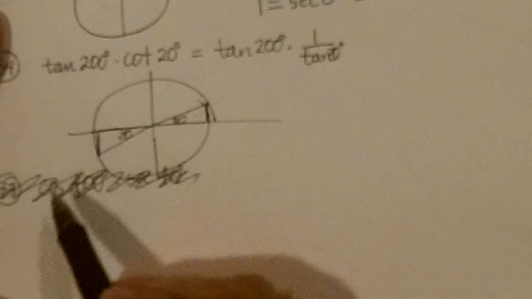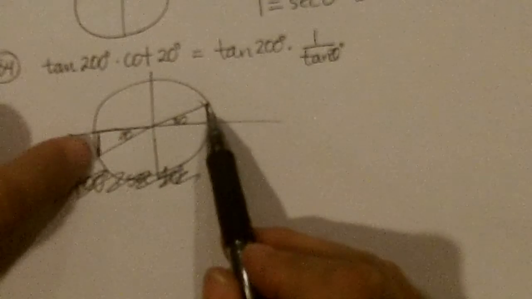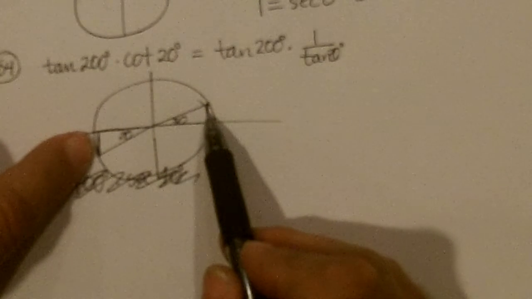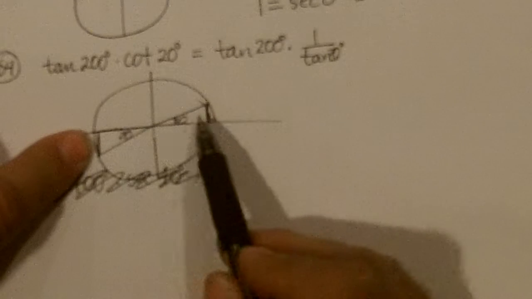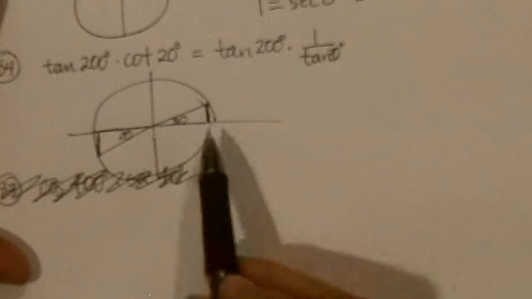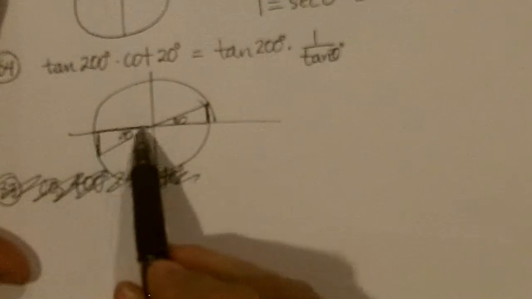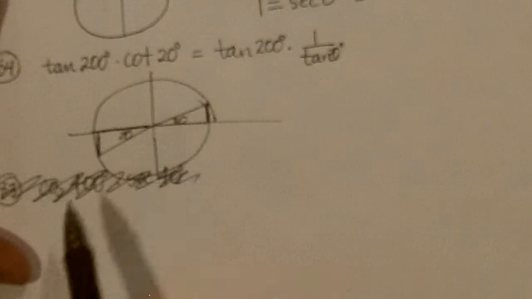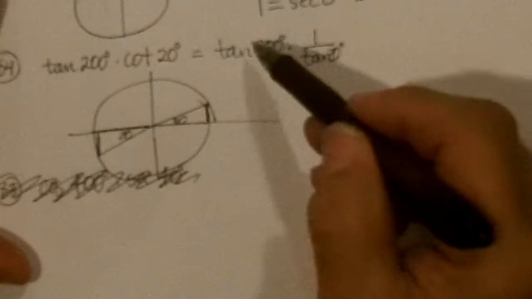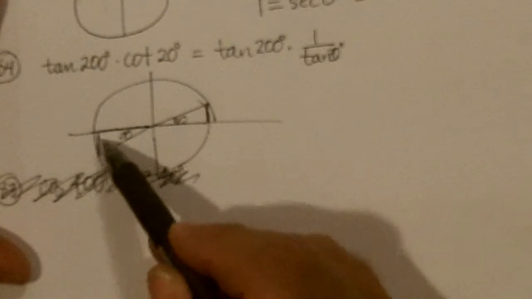Now, on those two triangles, the sines are the same size in absolute value, but one's negative and one's positive. And the cosines are the same size, but one's negative and one's positive. So the tangent of this 200 would be a positive number.